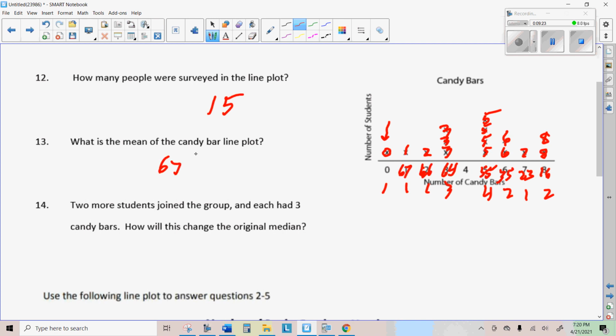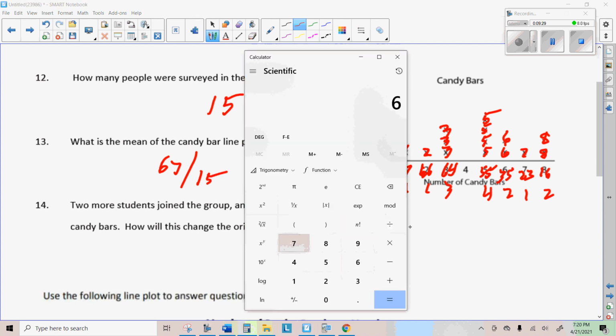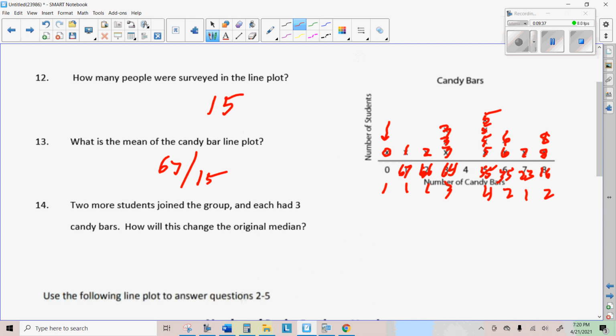And we have to divide that by 15. 67 divided by 15 equals 4.47. Let's round it. About 4.47.